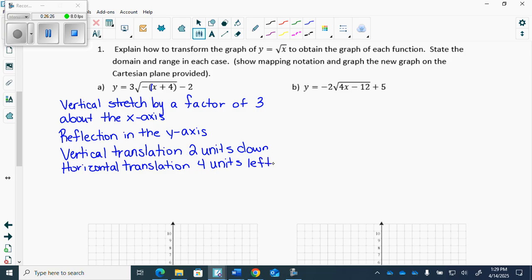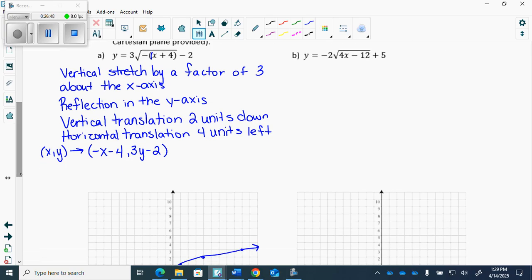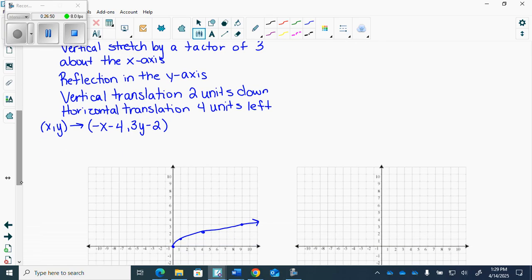So we want to move coordinates, and we use what? Mapping. So x, y becomes negative x minus 4, comma 3y minus 2, and we plug in our coordinates. Our one coordinate is 0, 0. The only thing that's going to affect it are the translations, right?